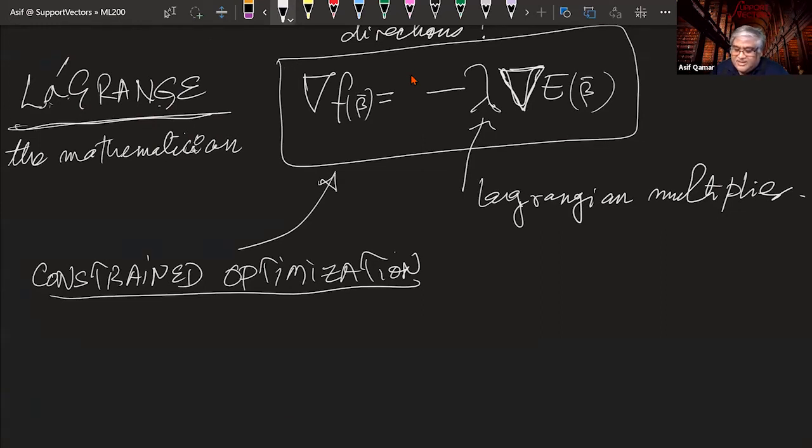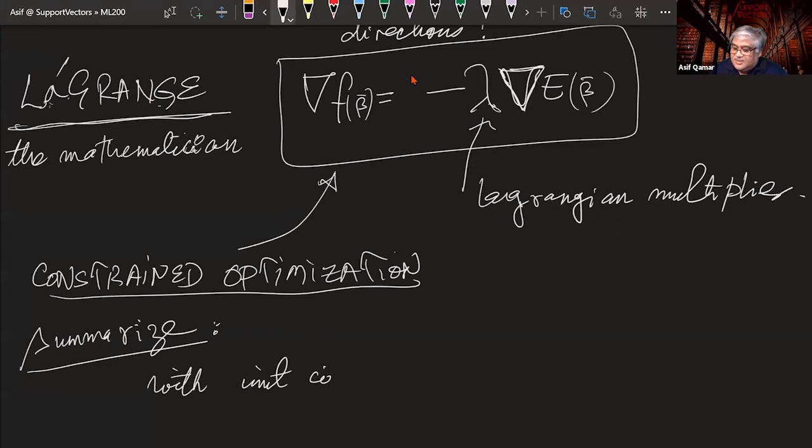So let us summarize. My spelling is getting more atrocious. Summarize. With unit circle as constraint, right?